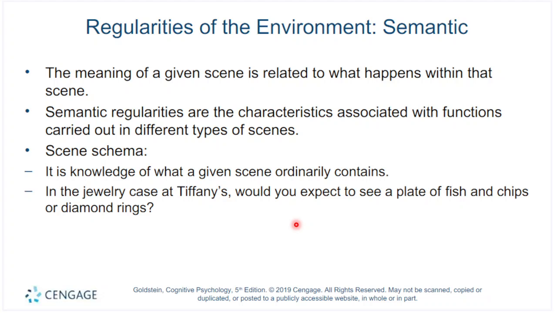So dahil nga ang sabi sa inyo department store, you know that these are the things that we will see in a department store. Hindi tayo makakakita ng table sa department store at may fast food sa loob ng department store. Usually, nasa labas siya ng department store. Kasi nga, it's not what the environment calls for. It's not part of the semantics.